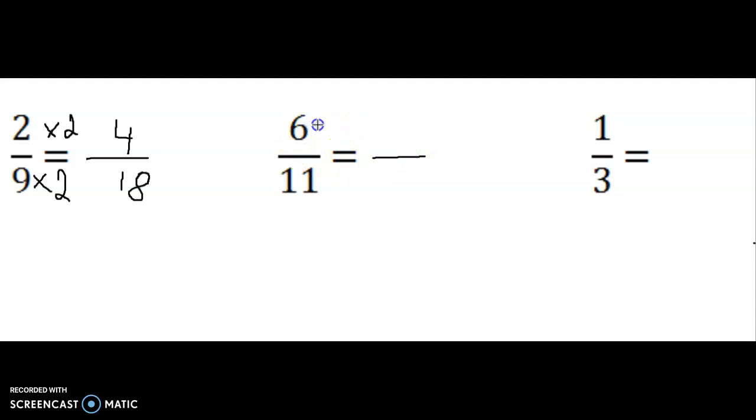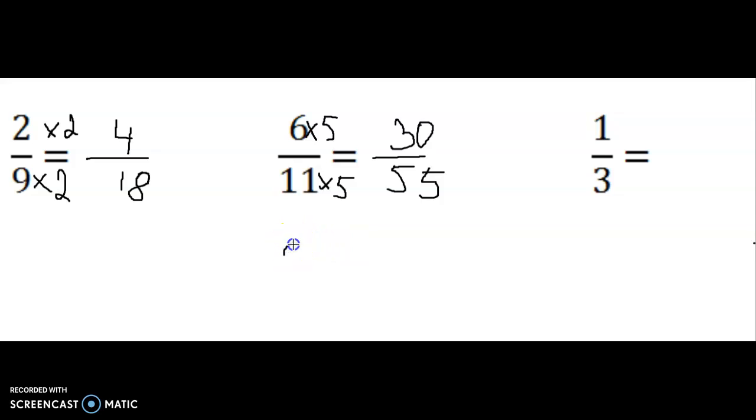And for this case, let's pick 5. It's a little bit bigger number, but let's do it just for example. 6 times 5 is 30, 11 times 5 is 55.